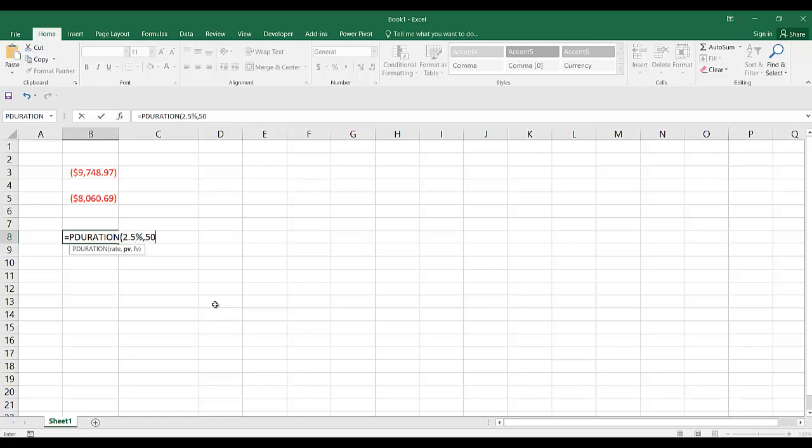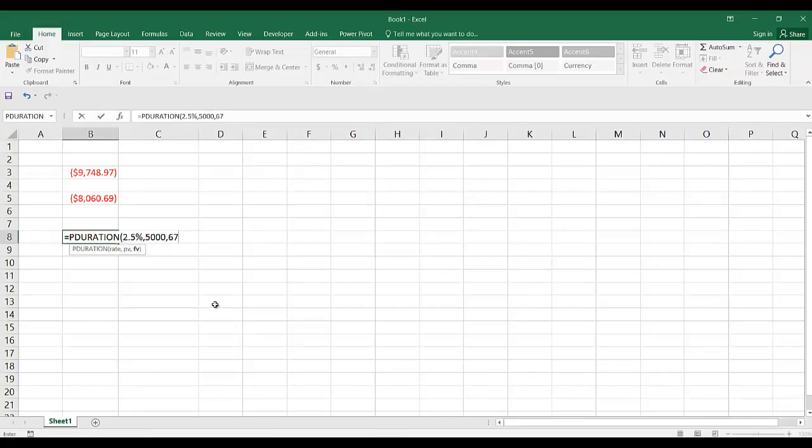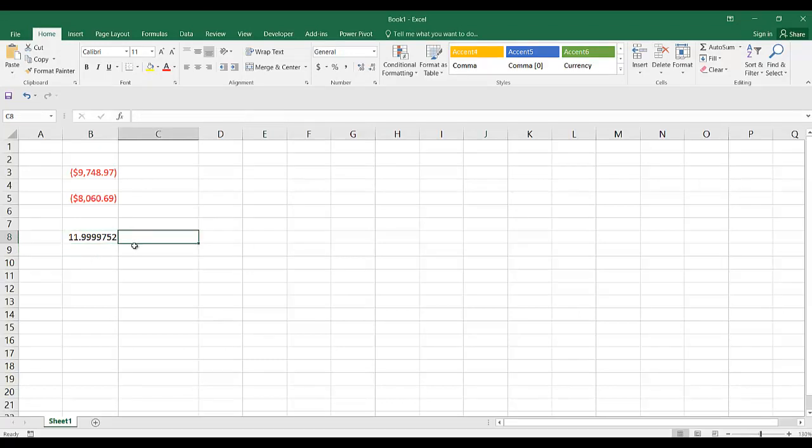The present value is 5,000, and I want to know how long it takes to become $6,724.44. Here I get 11.9999, so rounding up, it's 12 periods, 12 quarters. 12 divided by 4 is 3.